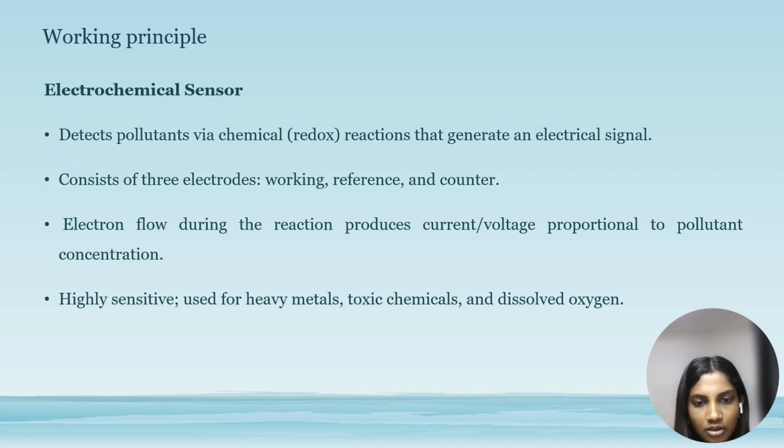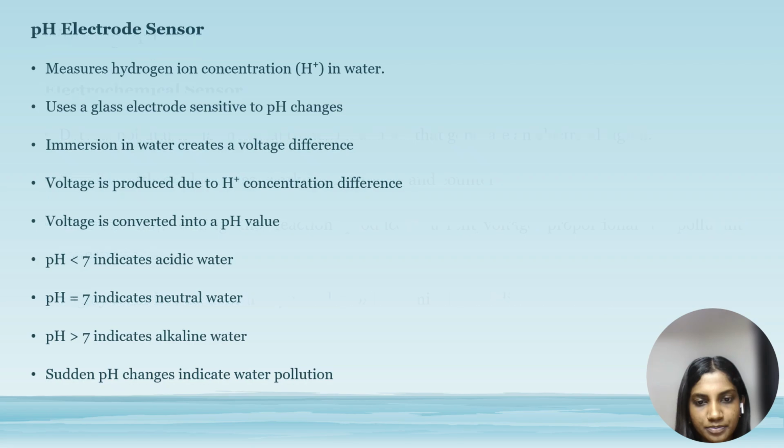Now let's discuss the pH electrode sensor. This sensor measures the concentration of hydrogen ions, H+, in water. It uses a glass electrode that is sensitive to changes in pH. When the electrode is immersed in water, it generates a voltage difference due to the difference in H+ concentration between the water and the sensor's internal reference solution.